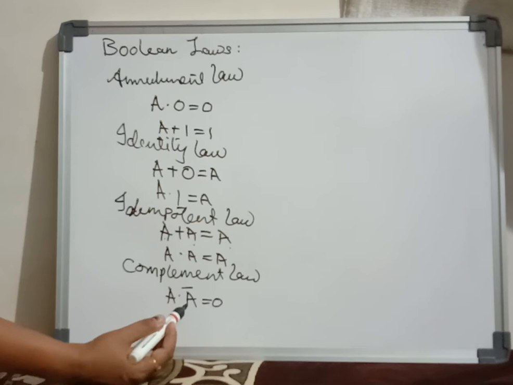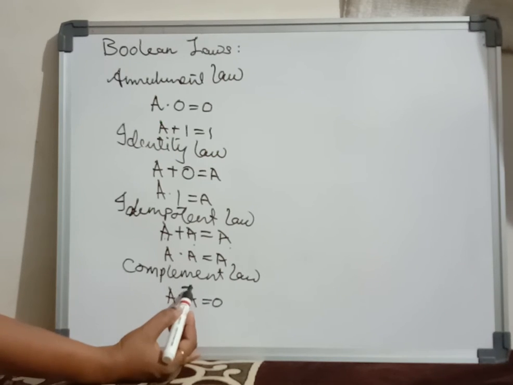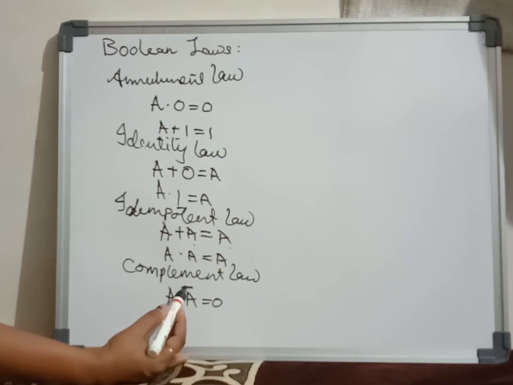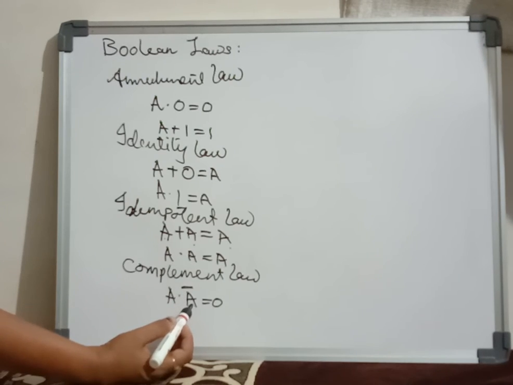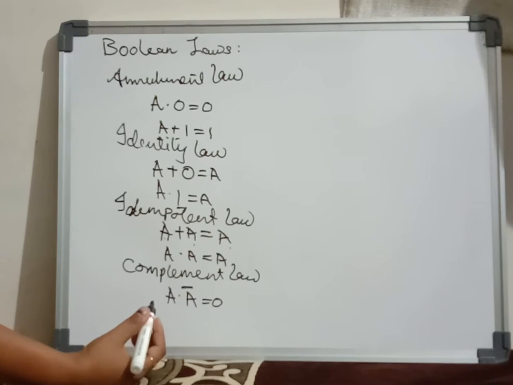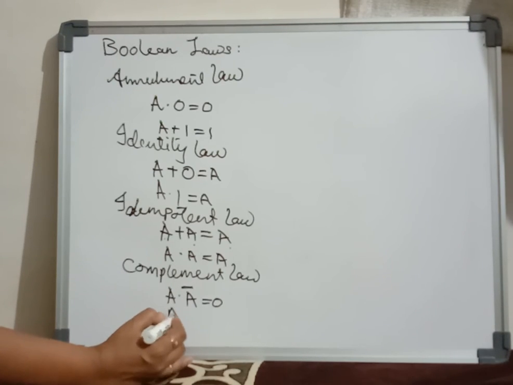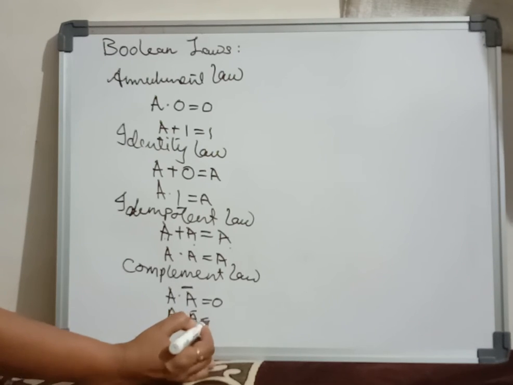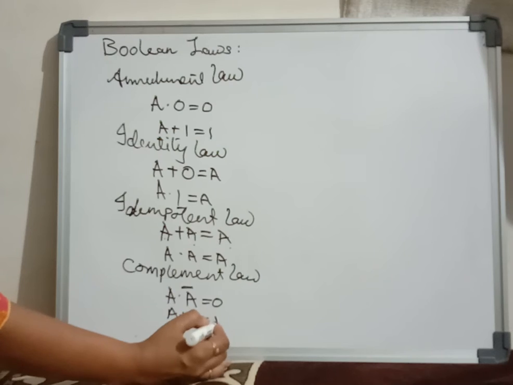All the three things are the same. This bar we can say A bar or A complement, or we can even say negation of A, and A plus A bar is equal to 1.